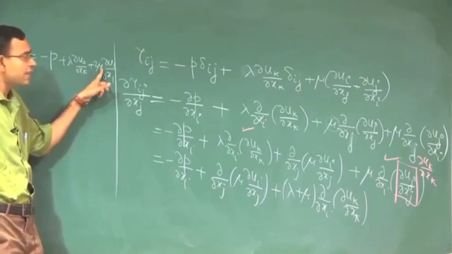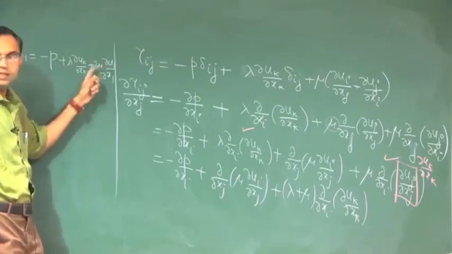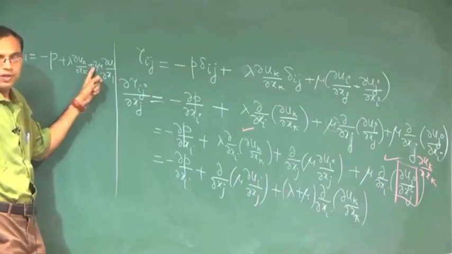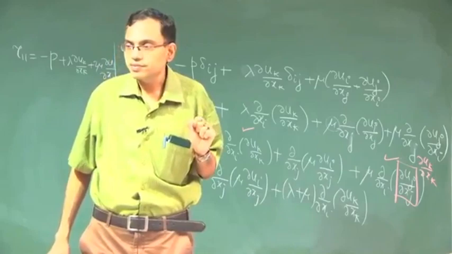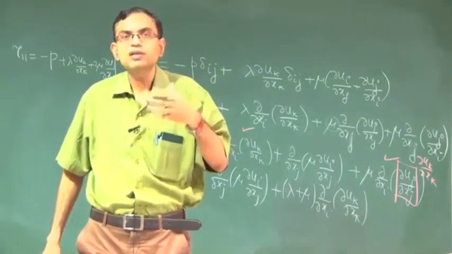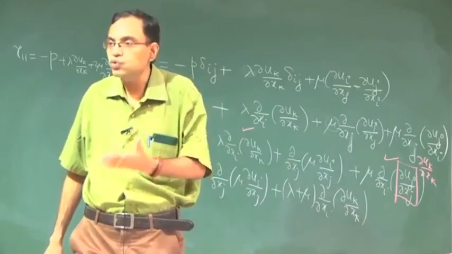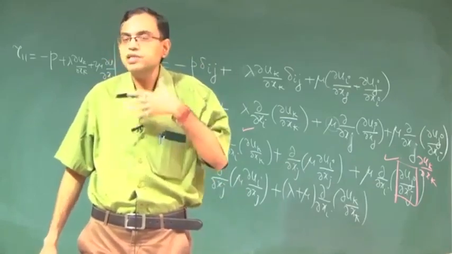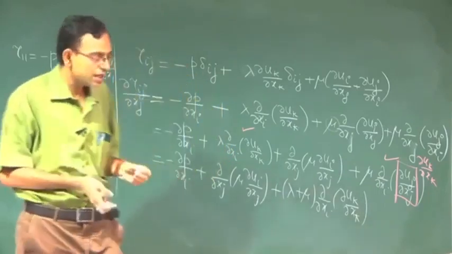This term is there because of the linear deformation coupled with viscosity that is giving rise to a normal stress. So, viscosity does not just give rise to shear stress; it can also give rise to normal stress. This is something which is not explicitly taught to students, but I think this must be explicitly told.